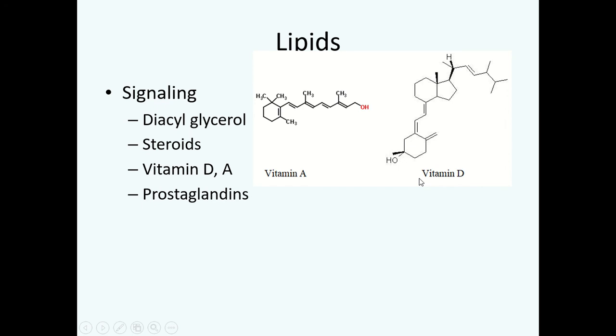One important role of vitamin A is that it is important for vision. In addition, vitamin A is also important as a signaling molecule. It is important for the development of cells, especially during the embryonic stages, and also it is important for the development of cells later in life.